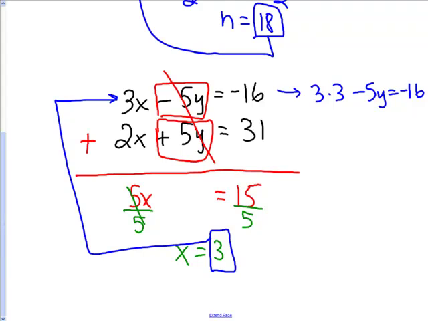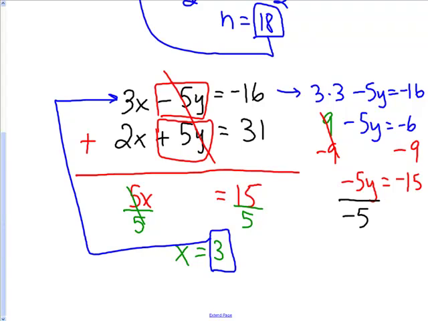So let's do all that math, and we get 9 minus 5y equals negative 16. Get rid of the 9 by subtraction. That goes to 0. We get negative 5y equals negative 15. Remember, the signs are the same, so we want to add and keep the sign. And then when we divide by negative 5 on both sides, we get y equals 3 again.